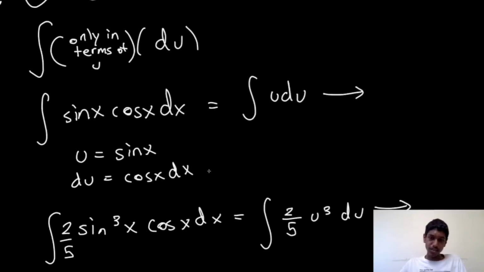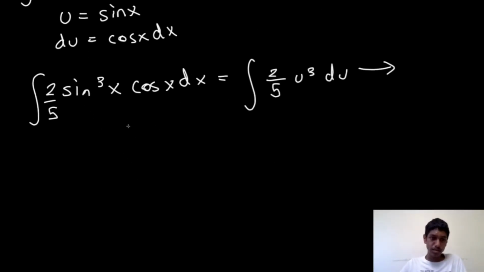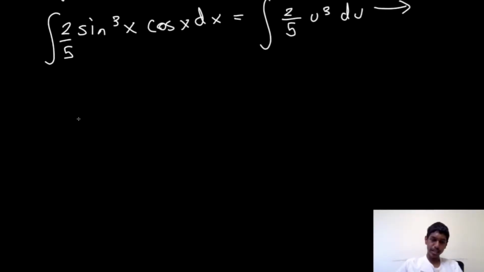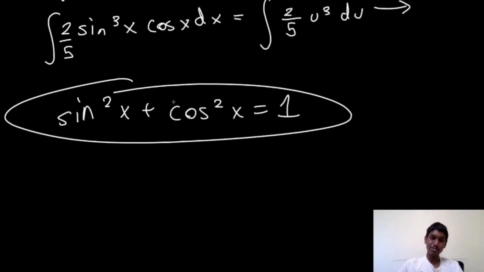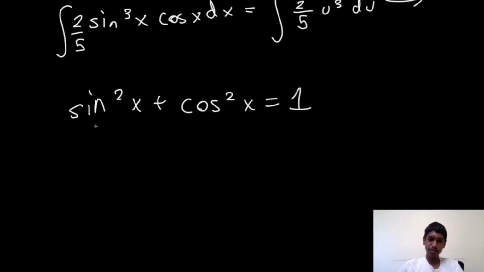But the part that we introduce here is using the Pythagorean identity. The main Pythagorean identity we use is this one, sine squared x plus cosine squared x equals 1. If you're like me and you don't like memorizing stuff, at least memorize this one, because with it you can at least derive the other ones.